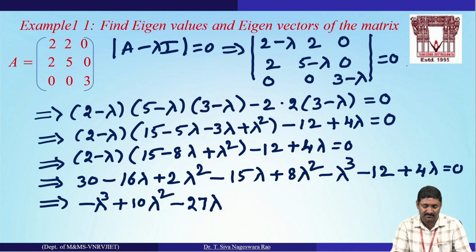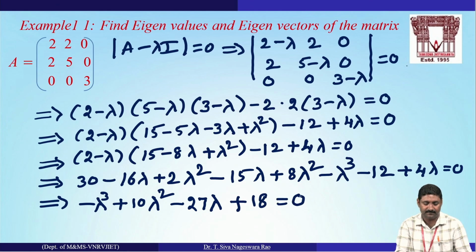So lambda terms are completed. Next we will see the constant terms. Here 30 and minus 12, which gives plus 18, is equal to 0.